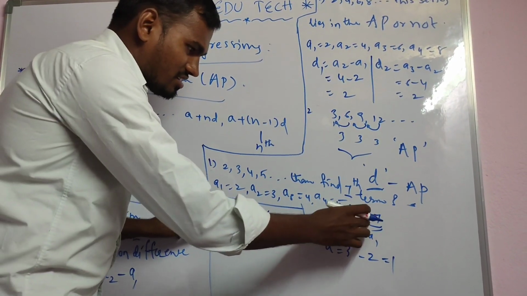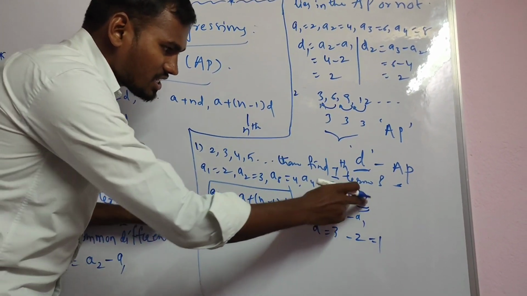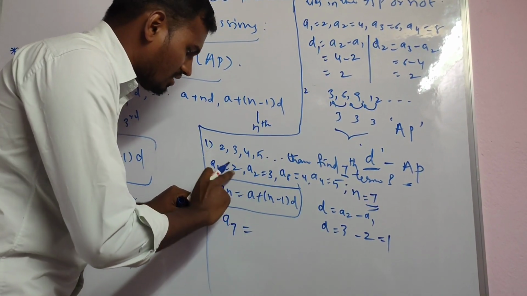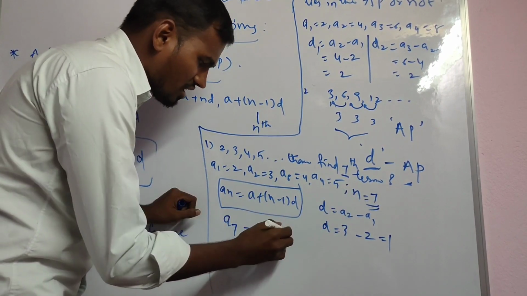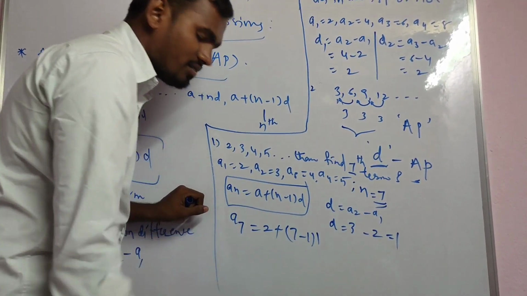Substitute these three in this. Then A7 is equal to a, that is 2, plus (n means 7, minus 1) into d means 1.